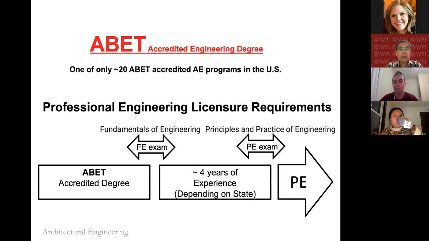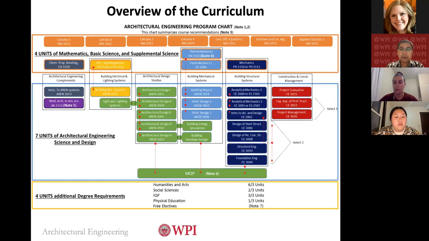The ABET degree is required if you want to get a professional engineer license. The general roadmap for a PE, or professional engineer, is you first get an accredited degree like the one here at WPI, and then after working a few years, you can take some exams and apply for the final licensure certificate.